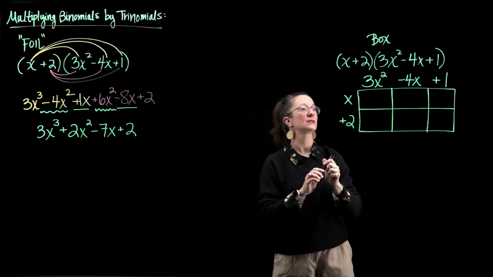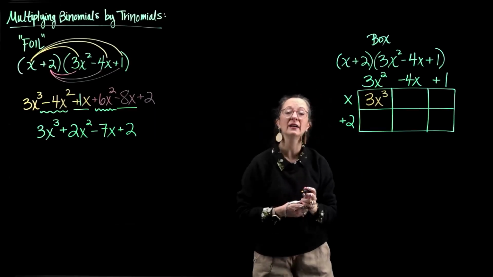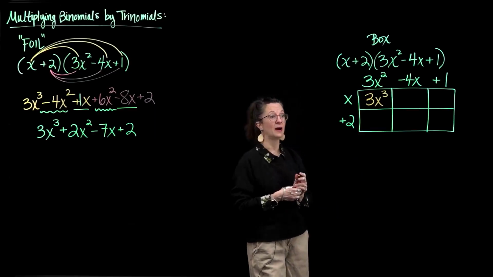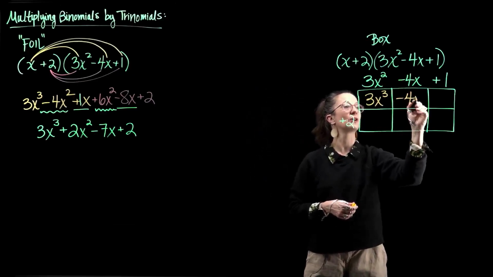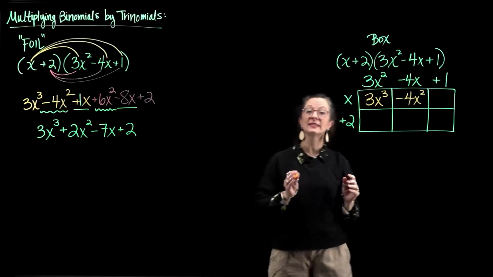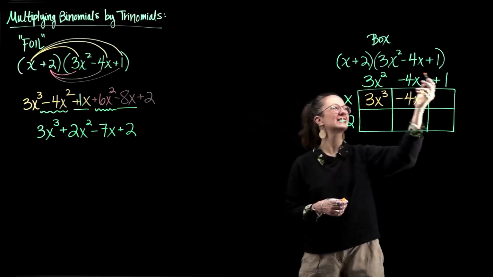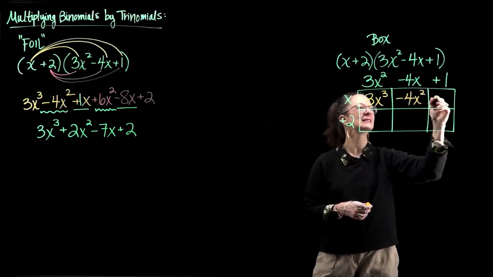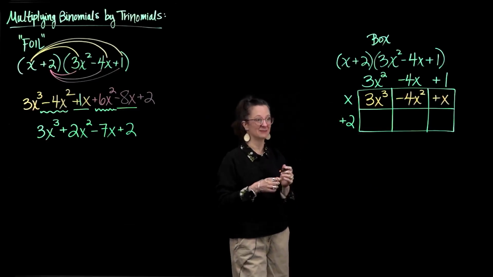X times 3x squared gives me 3x cubed, so I'll write that in the top left-hand box. X times minus 4x is minus 4x squared. That will go in the center top box. And then finally, x times positive 1 is plus x, and that's going to go in the right-hand top box.